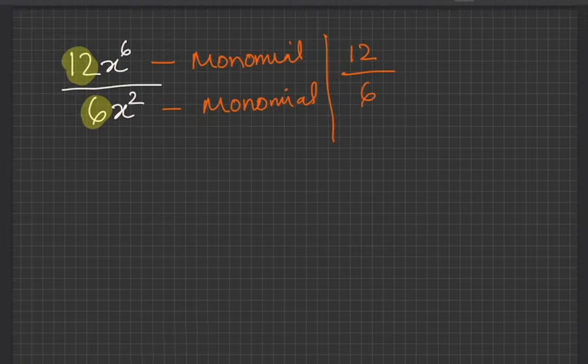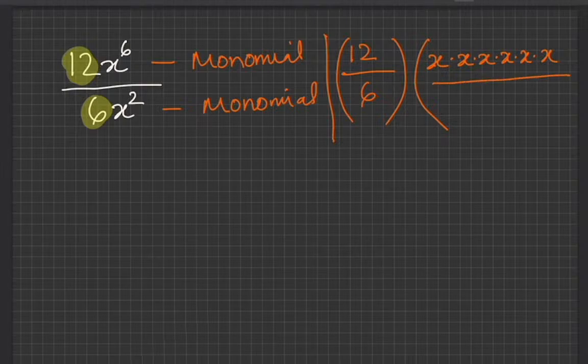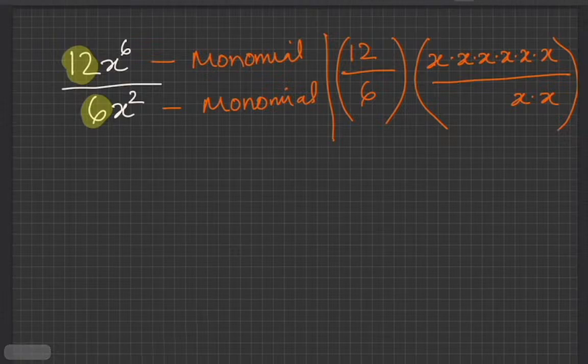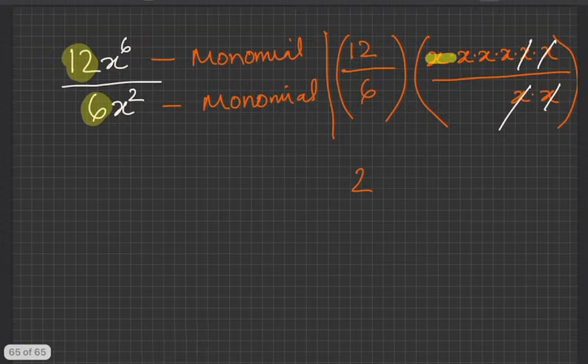First we divide the numeric coefficients, 12 divided by 6. Both are positive, so it is 6 times 2, which is 12. So the numeric coefficient I get is 2. Then x times x times x times x times x times x divided by x to the power 2, that is x times x. So two cancel, and I'm left with 4 x's.